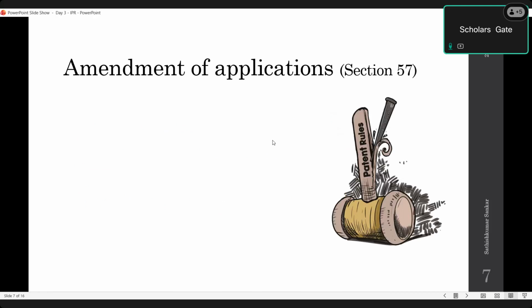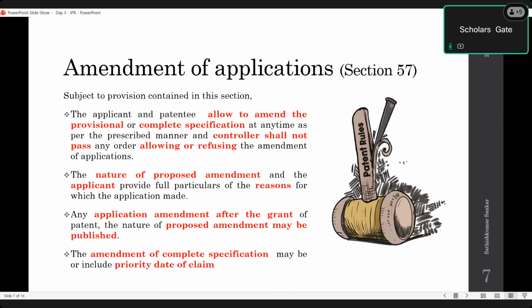Okay, amendment of the application. Here we can see there are different types of amendment under section 57. It is clearly mentioned that the applicant and patentee are allowed to amend the provisional or complete specification at any time in the prescribed manner, and the controller shall not pass any order allowing or refusing the amendment of the application.